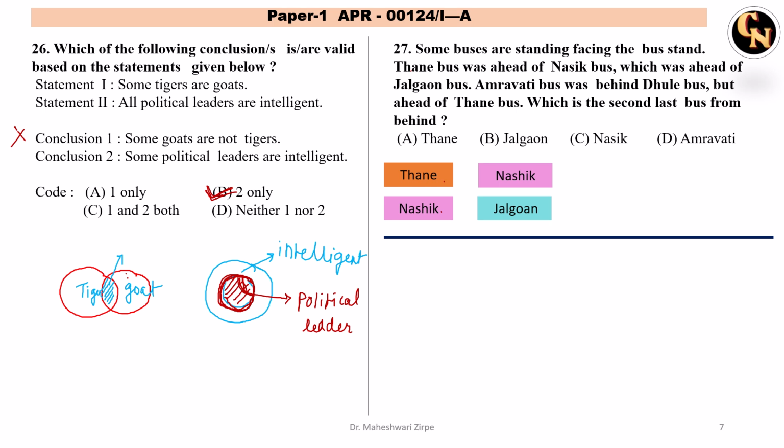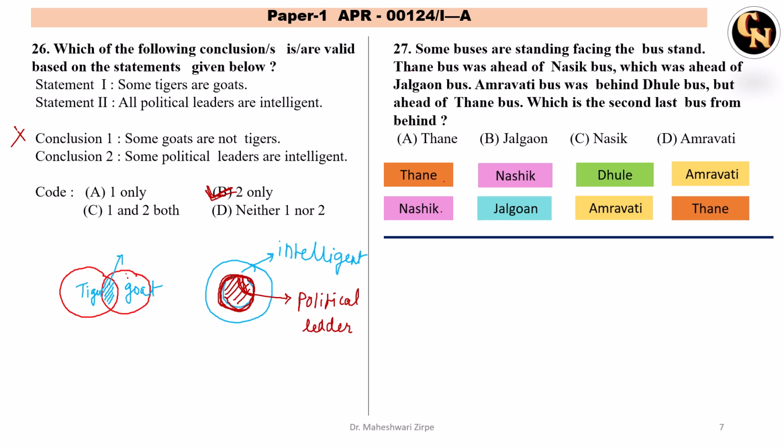The next is, Amravati bus is behind Dhule, but ahead of Thane bus. So even though Amravati bus is behind Dhule, it is ahead of Thane bus. So it is like this. Amravati bus is standing ahead of Thane. All the things given in the statement, I have shown in the diagrammatic way.